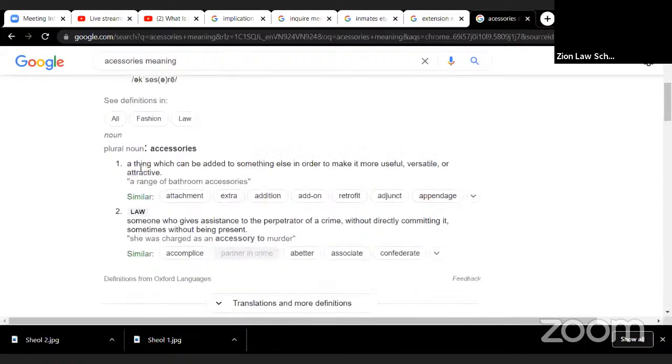Okay, plural noun, a thing which can be added to something else in order to make it more useful, versatile, or attractive. So hell can be extended, right? That's what it's saying. 2, law, someone who gives assistance to the perpetrator of a crime without directly committing it, sometimes without being present.